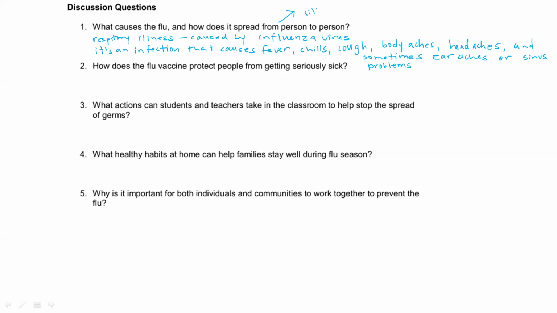So little droplets, right? That spray out of an infected person's mouth and nose. Okay. So here we have the spread and what it is.